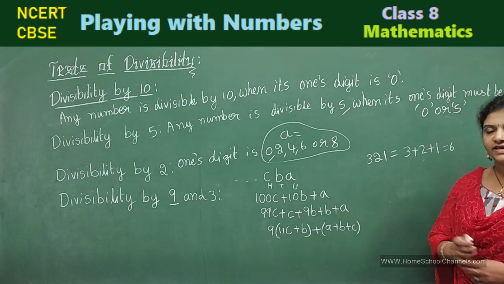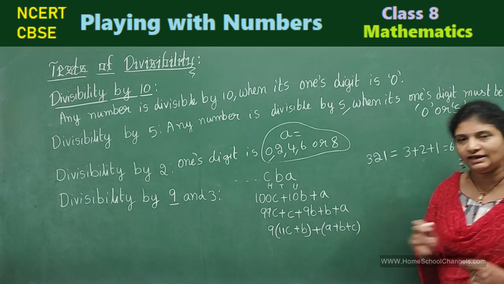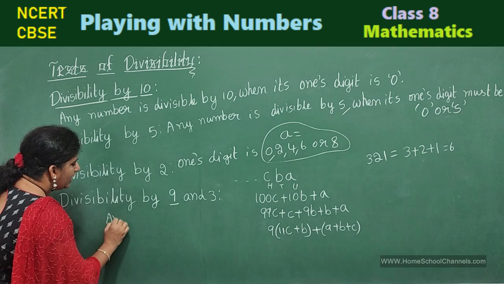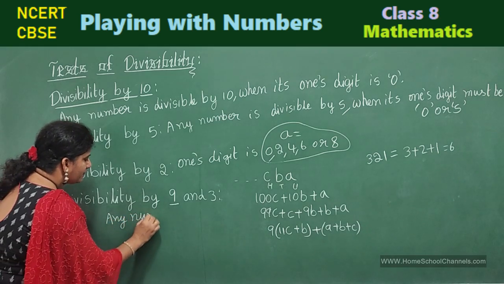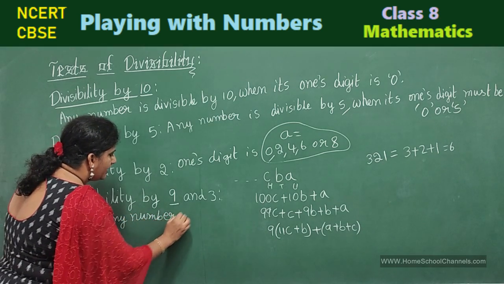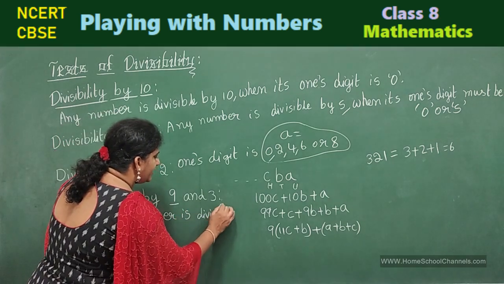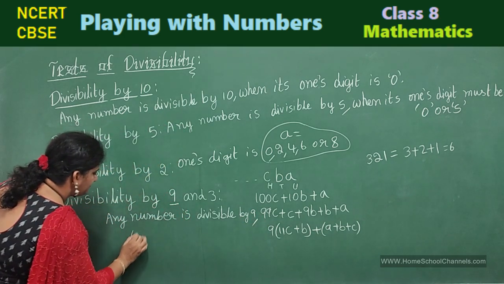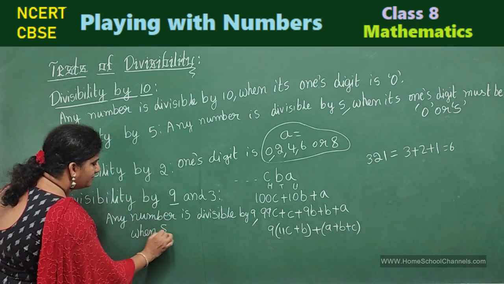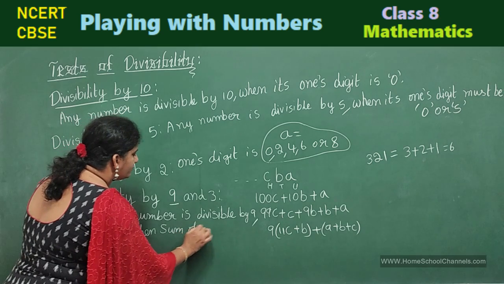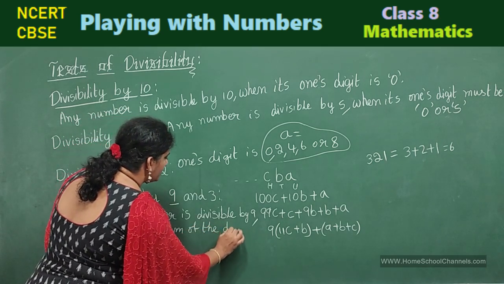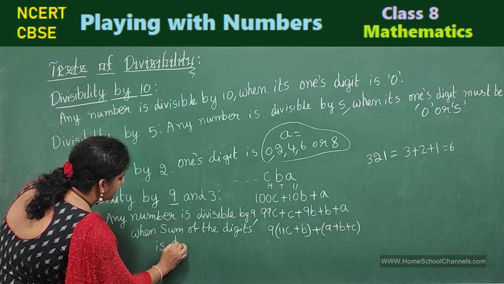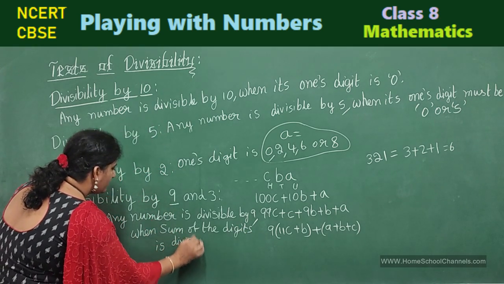So what we can say for the divisibility rule of 9 and 3? See here, any number is divisible by 9 when the sum of the digits is divisible by 9.